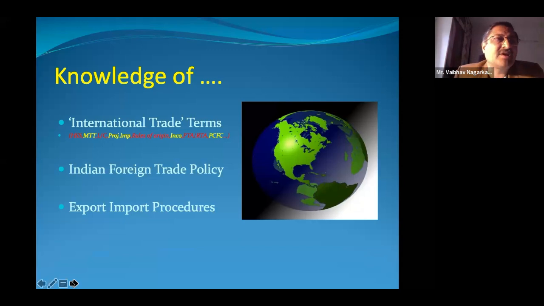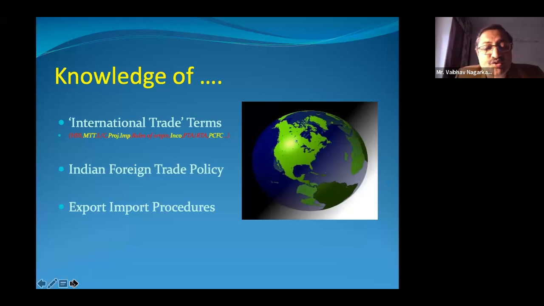Then you have benefits called MEIS, Merchandise Exports from India Scheme, and RoDTEP, refund of duties and taxes on export products. Then you have ACIS, for service exporters, the Service Exports from India Scheme. Then you have export oriented units, then special economic zones. So there are various schemes, various tools in the hands of Indian importers and exporters.